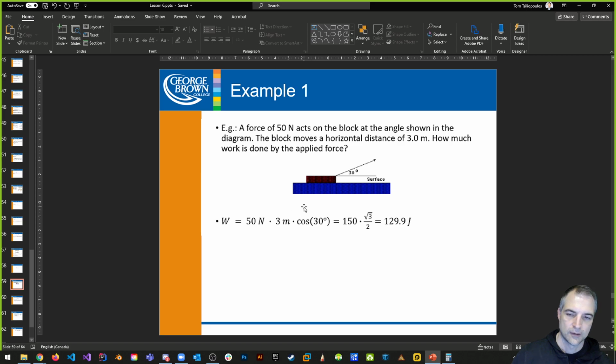So we multiply them out: force in newtons times displacement in meters times cos 30 is equal to 150 times cos 30, which is 129.9 joules. That's the total work done on this system.